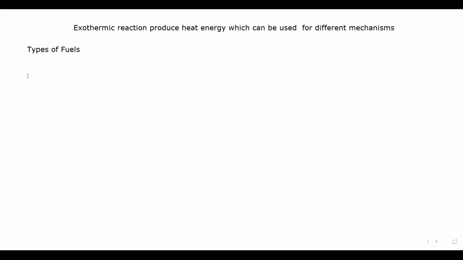A fuel is basically a substance which can produce energy. So whenever something is used as a fuel, the reaction will always be exothermic. So the first one is fossil fuels. Fossil fuels involve coal, oil, gas.